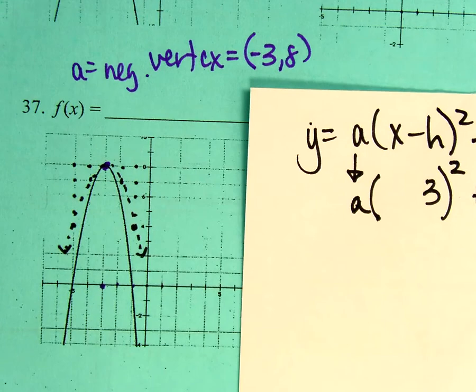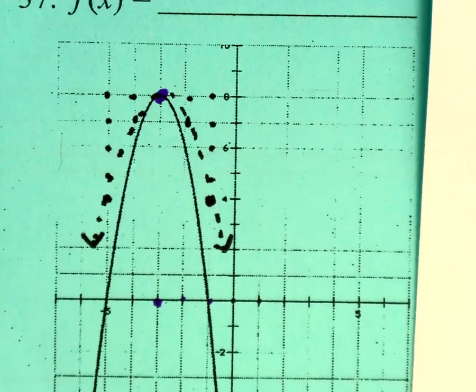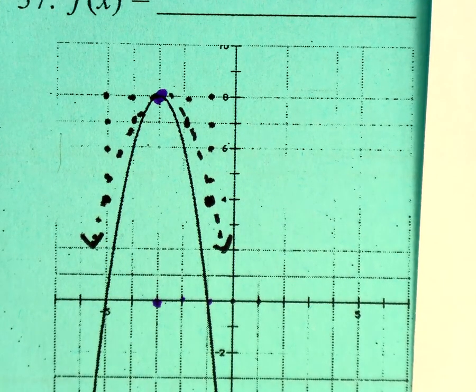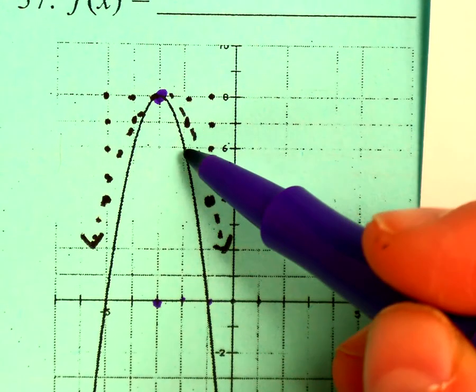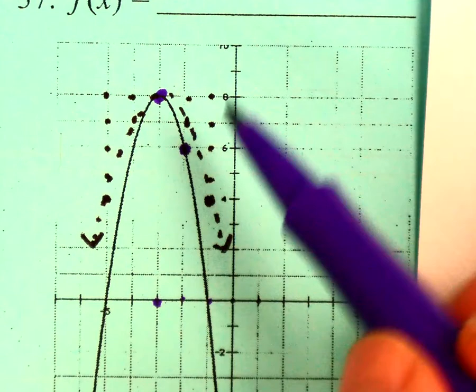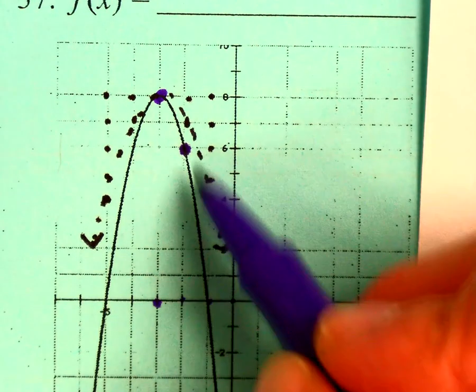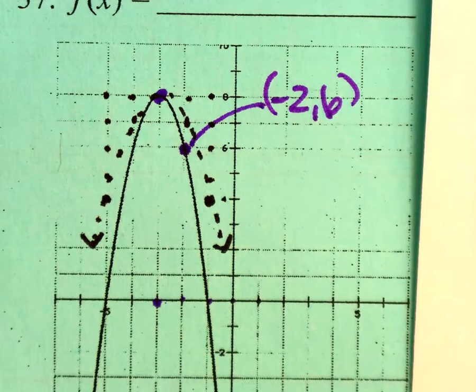So that's when you're going to look at your graph, and you're going to look really close and figure out, okay, where does my graph intersect at a nice, neat spot? So I'm going to follow this down. It's really hard to see on this graph, but it looks like right there. This is a nice intersection. This would be the point of negative 2 and 6. So I could use that point.